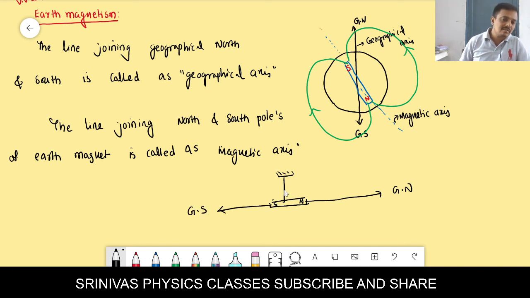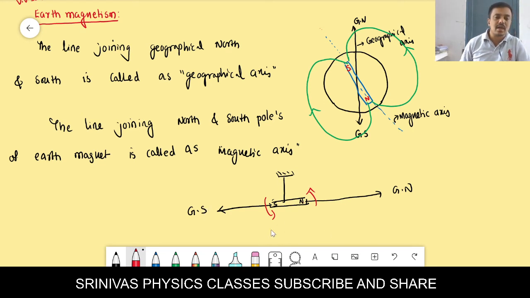Whenever a bar magnet is suspended freely and rotated, after some time it will come to rest in such a way that its north pole shows the geographical north and its south pole shows the geographical south.